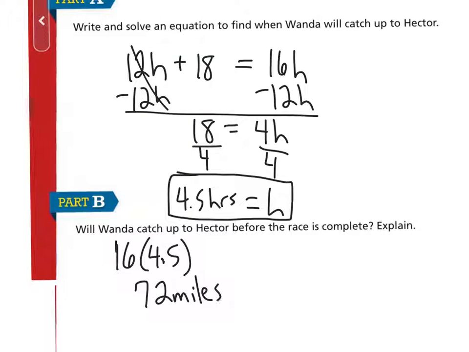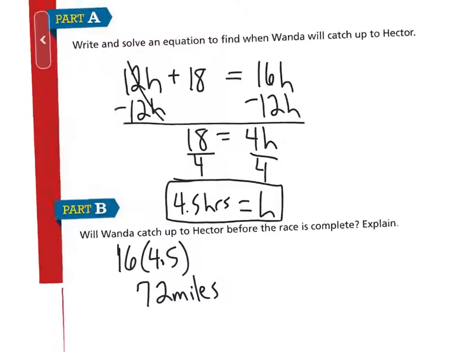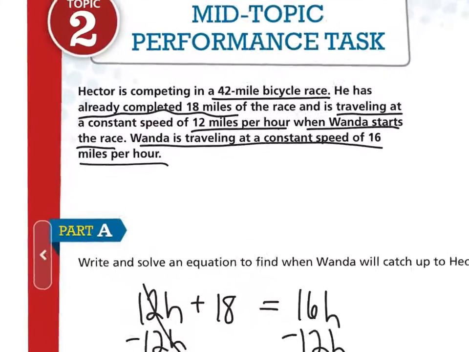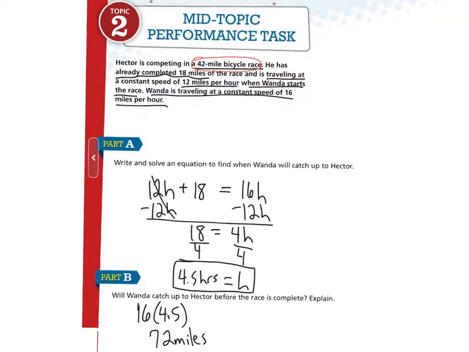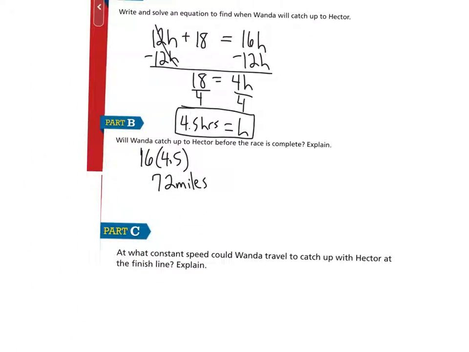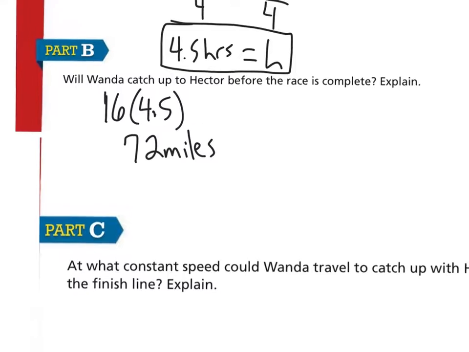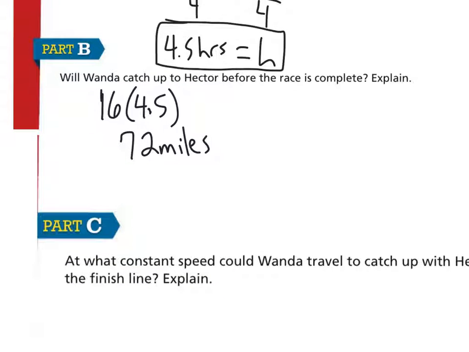So it would take 72 miles until she catches up. The problem is it's only a 42-mile race. 42 miles. So the race is not long enough for her to catch up. So she would not catch up to Hector before the race is complete.